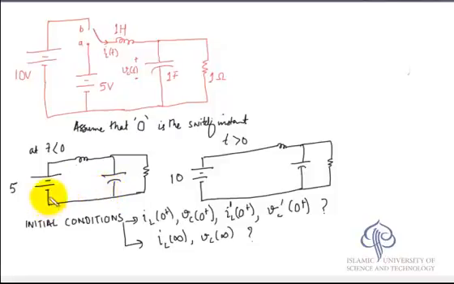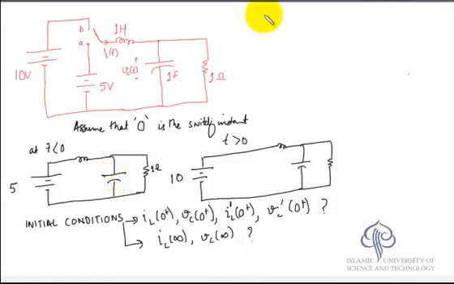In that case, what is left is just the source and the resistor, if this is an open circuit and this is a short circuit. So if you visualize that condition, you'll see that since this is a 1 ohm resistance, the current is going to be 5 amperes, and all this voltage drop is going to happen across the resistor, which in turn means that the capacitor would also be at 5 volts.